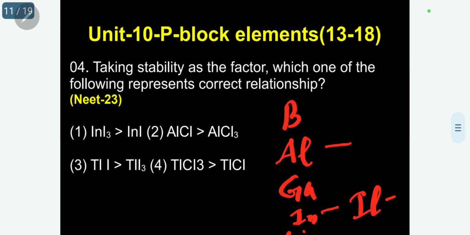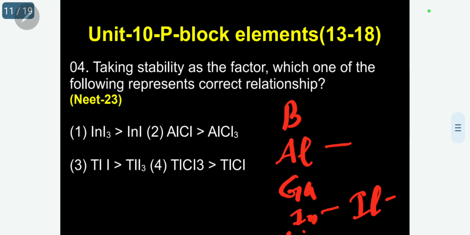For the lower oxidation state, stability increases down the group. This is the most important information, a trick you must keep in your mind. You have to note it. So generally, the lower oxidation state is more stable in the lower members.